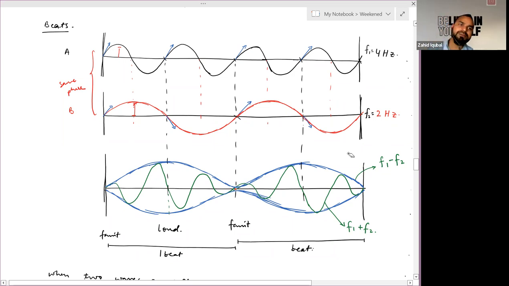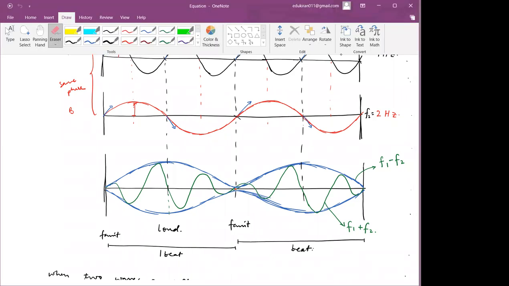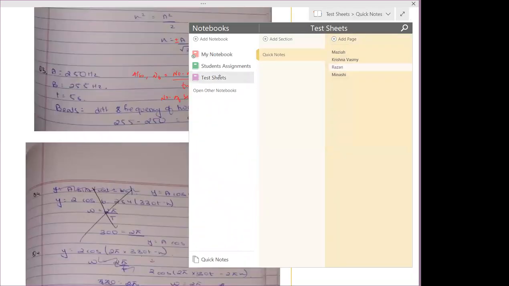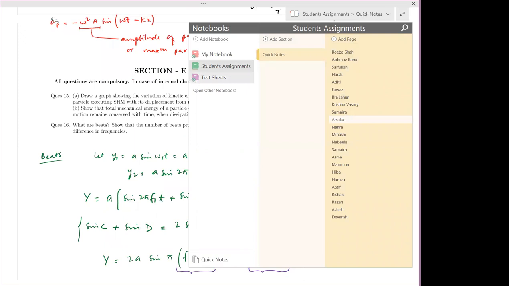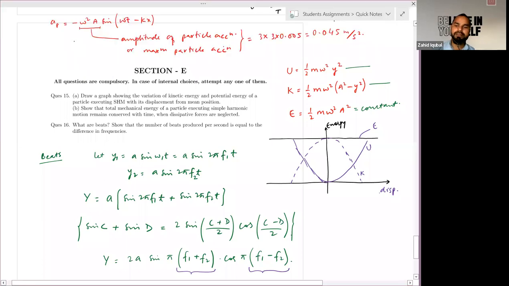Atif, any doubt? No. So this is all about this entire question paper.